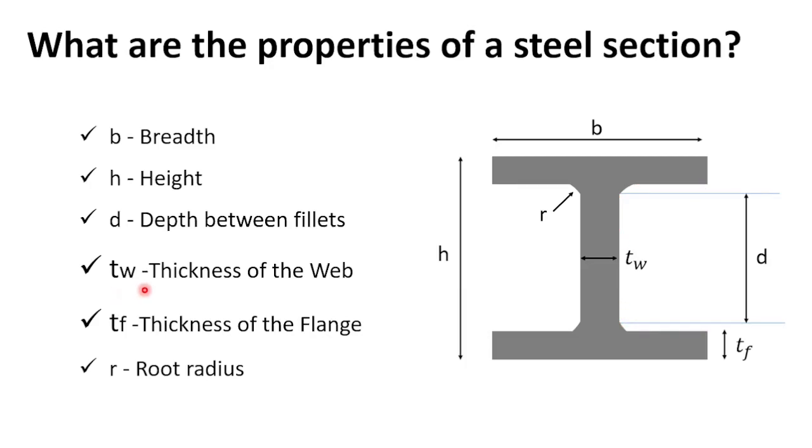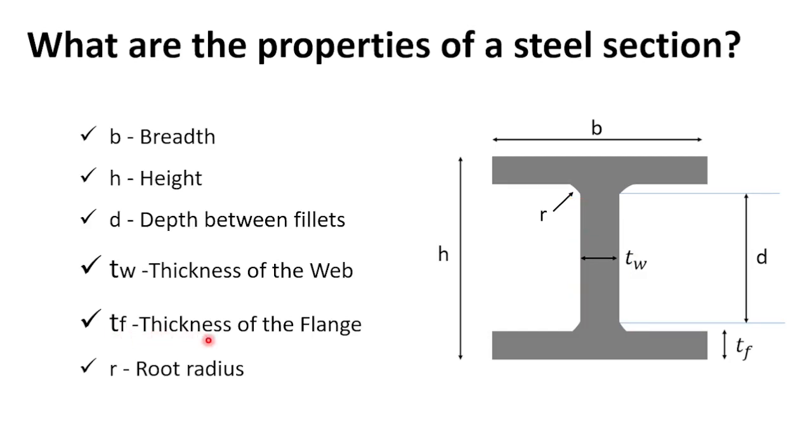TW, thickness of the web. What is the web? In this section you can see there are two parts, horizontal parts and a vertical part. So the web is this vertical part. This is the web of this section. So TW is the thickness of this web.